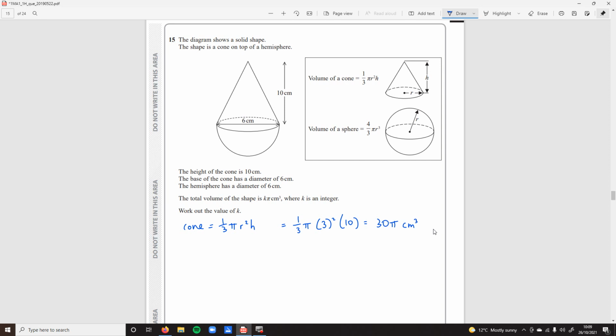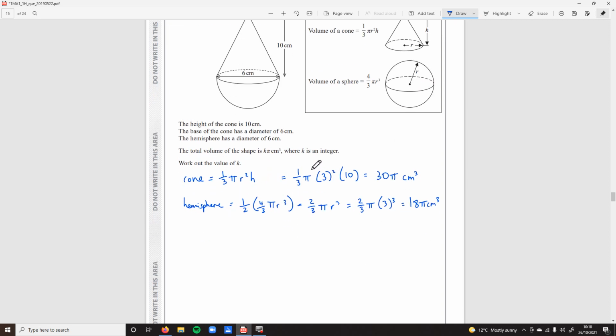And then the volume of the hemisphere is going to be half, because obviously that's the volume of a sphere, so we need half it. 4/3 pi r cubed, which equals 4/6, which is 2/3, sorry, pi r cubed, which is 2/3 pi 3 cubed, which is 27. 2/3 of 27 is 18. 18 pi centimeters cubed.